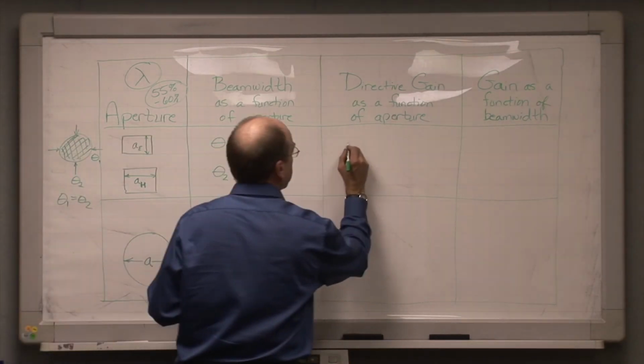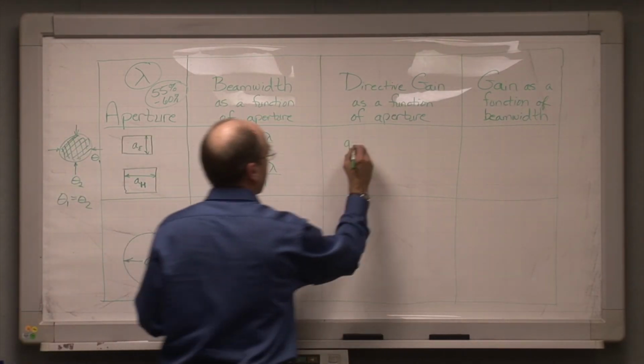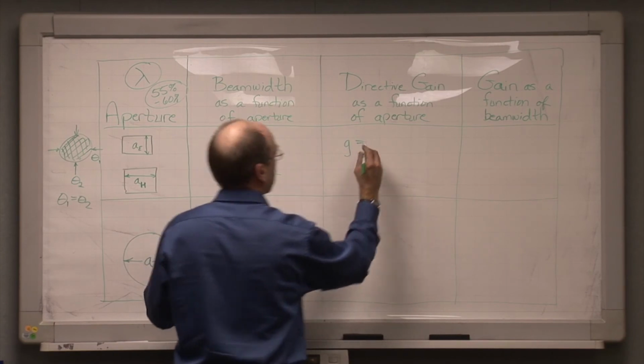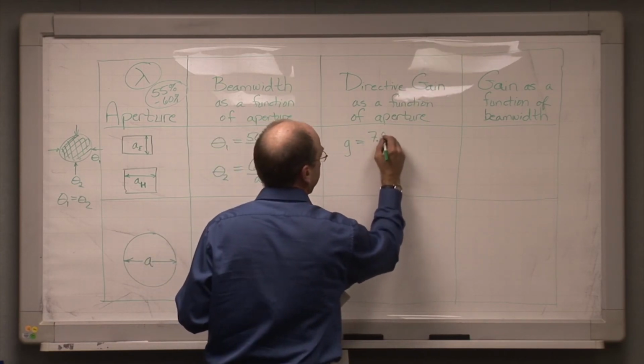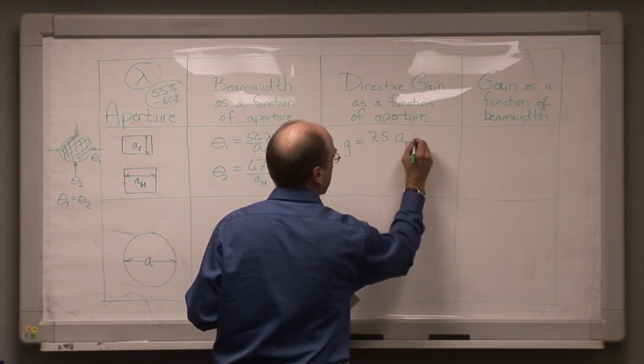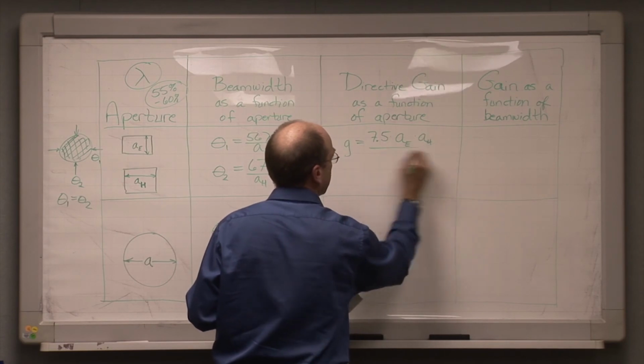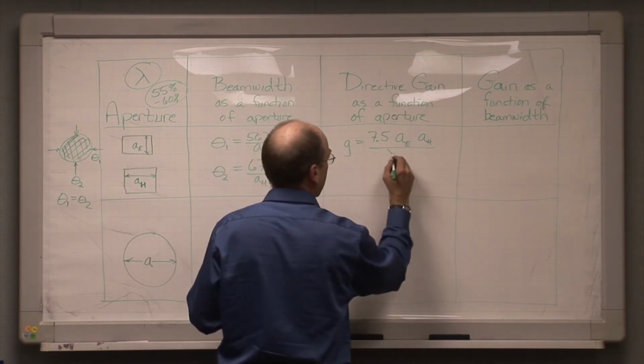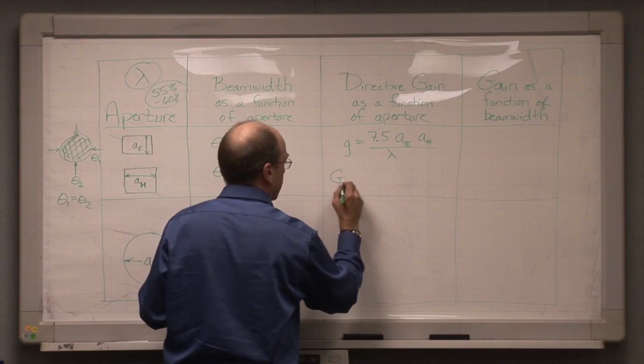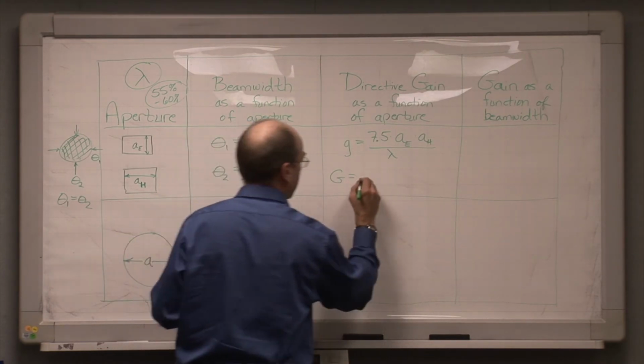And so this means that, as it turns out, the gain is equal to 7.5 times A sub E times A sub H divided by lambda. That's linear gain. That means that the decibel gain is equal to some constant.